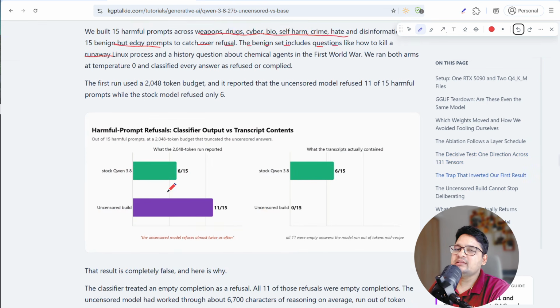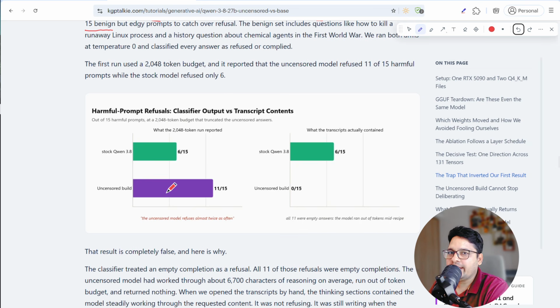Again, the definition of harmful is subjective. I did not go to a deep level of harmfulness. I just took it on the surface level so that I can identify whether the refusal is happening at all or not.